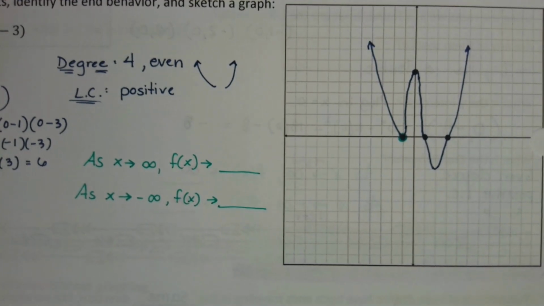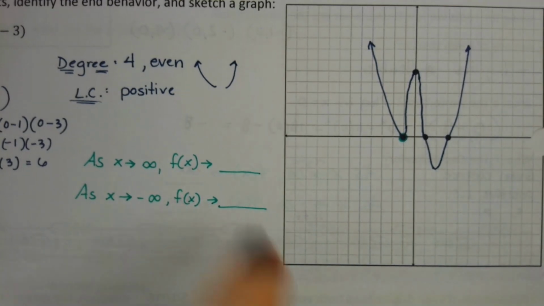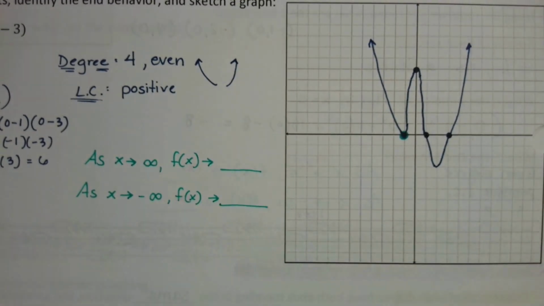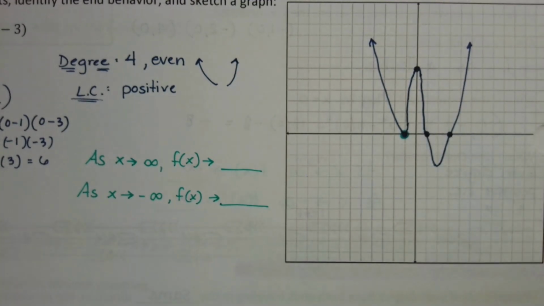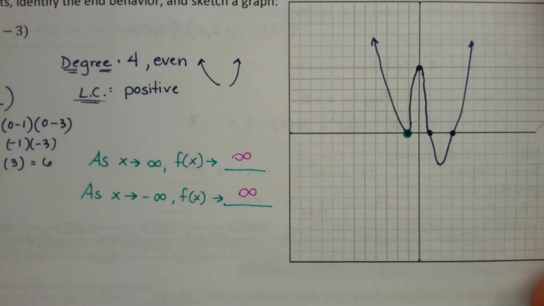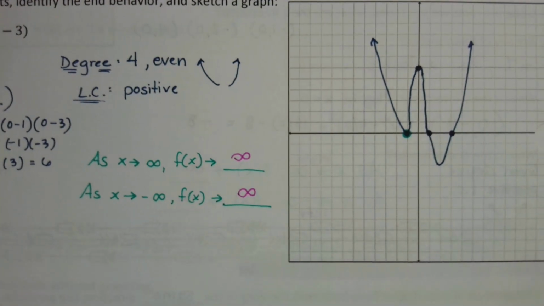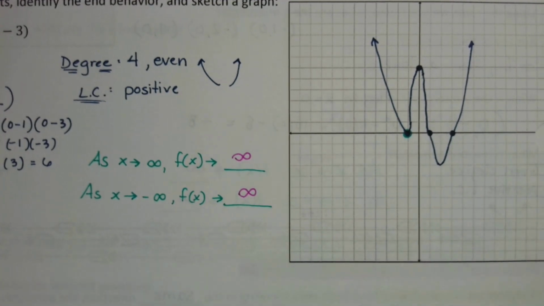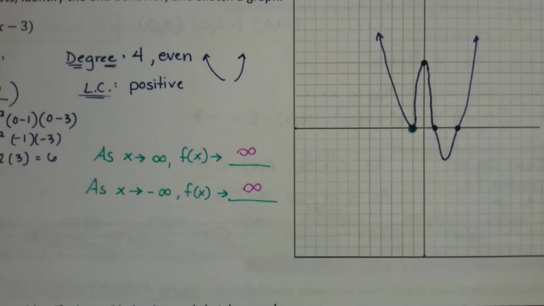And on both sides of our graph, the y's are pointing which way? Up. So both answers have to be positive infinity. Yep. Again, later on in further math classes, you'll be able to put other numbers there, but for us, it's just infinity.